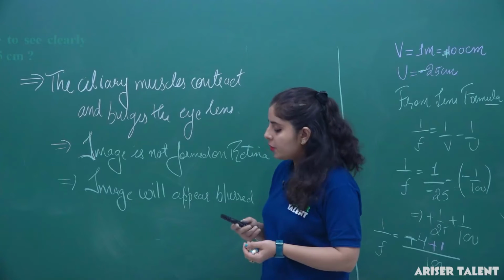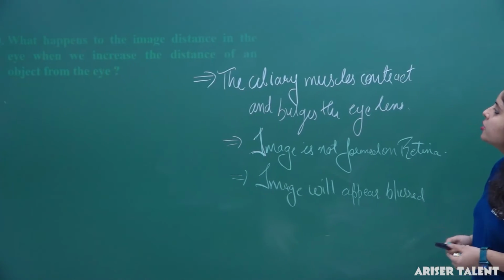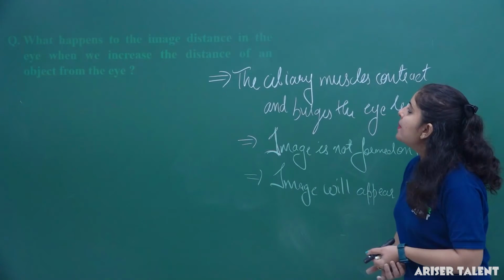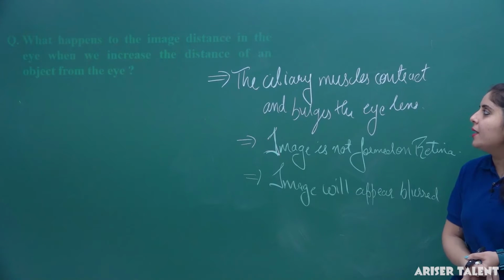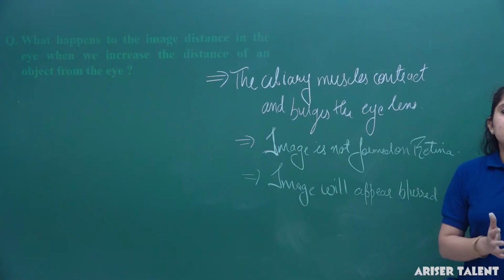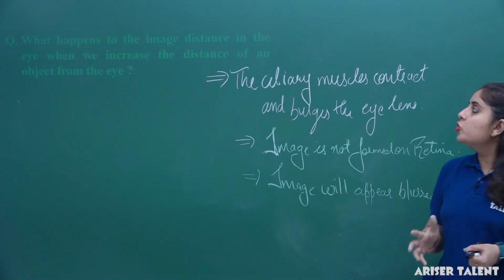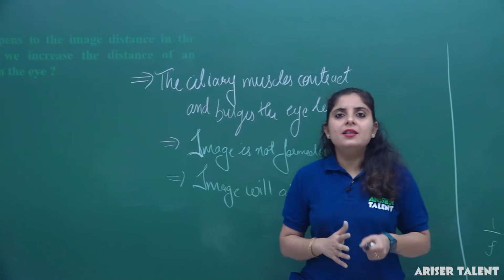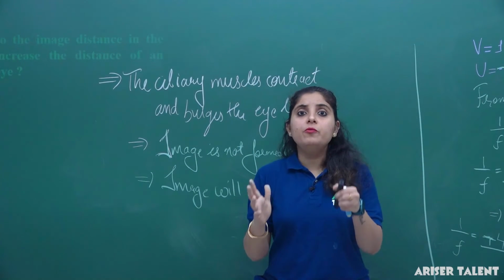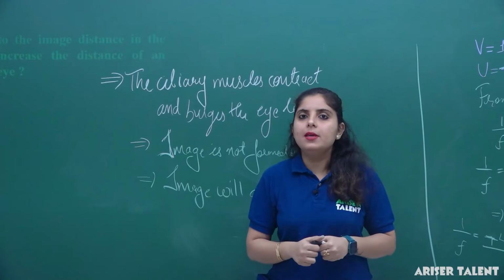Now we are moving forward to the next question here, and the next question is, what happens to the image distance in the eye when we increase the distance of object from the eye? So the question is saying, if you are changing the distance of the object from the eye, what will be the effect on the distance of the image?